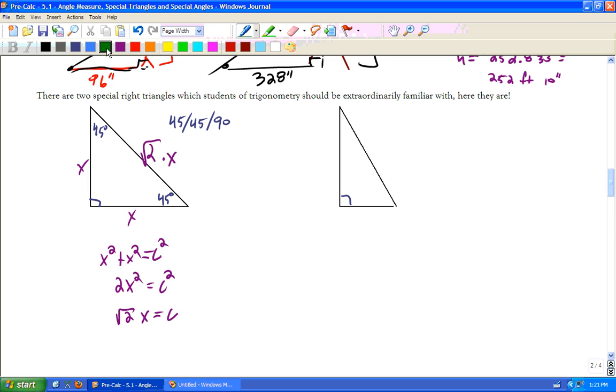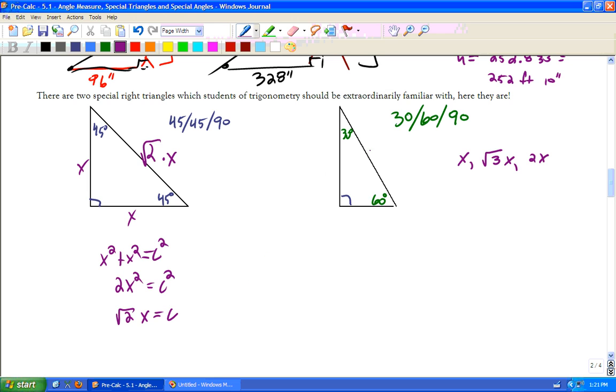They always are equal. In a 30, 60, 90, which is our other special triangle, one angle is 30, one angle is 60, and obviously the other one's 90. In this case, our proportions, there are 3 of them. We're going to call one side x, one side the square root of 3 times x, and one side 2x.